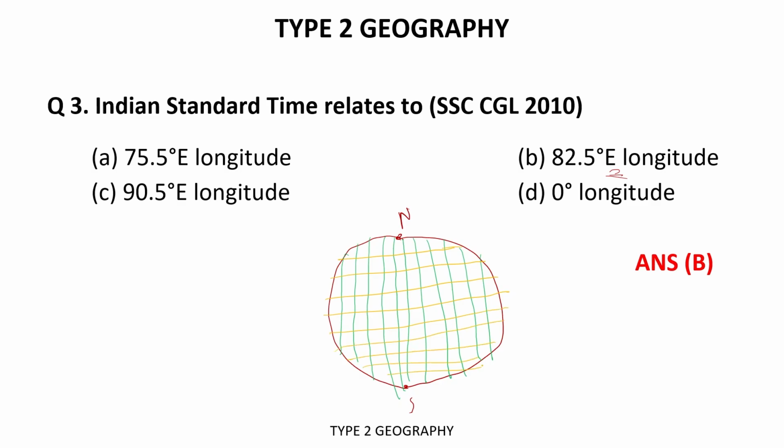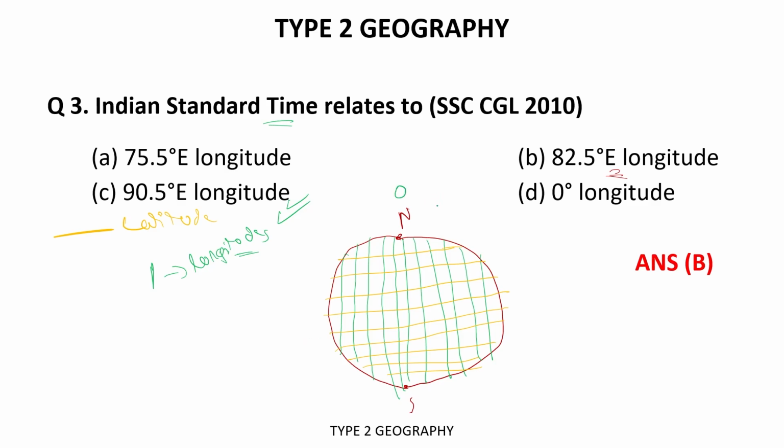So you can say these horizontal lines are known as the latitudes, and these vertical lines are known as the longitudes. Basically, when we talk about time, we have to deal with the longitudes.